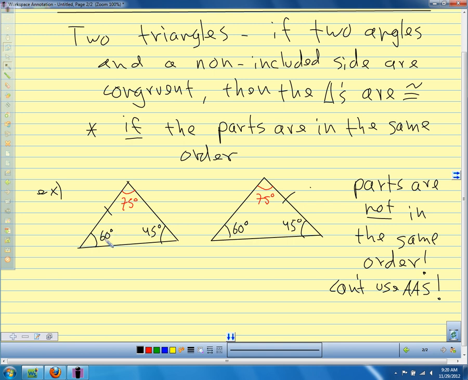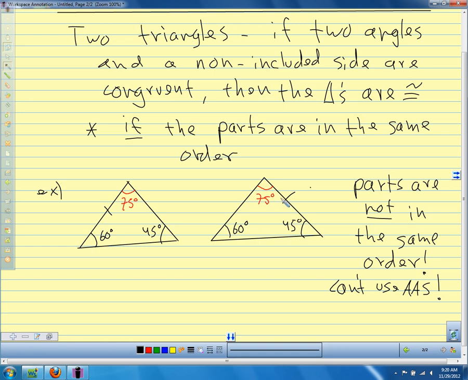So I'd have to match up this 60-degree angle with this 45-degree angle. If the tick mark on this triangle, instead of being here, were here, then yes. But because the tick mark is not there, it's over here, then it won't work.